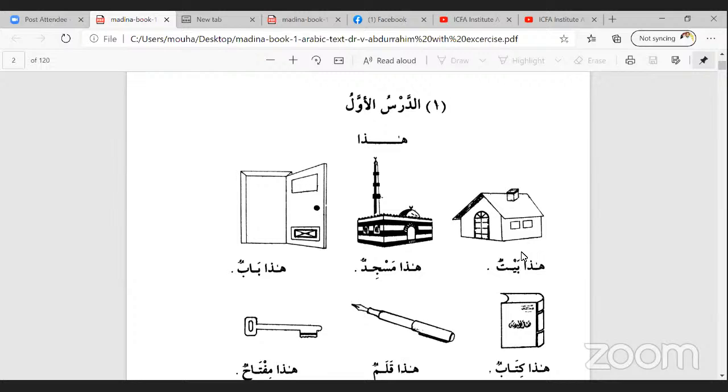There are 3 types of words in Arabic: al-ismu, al-fi'lu, and al-harfu. Al-ismu, known in English as noun. Al-fi'lu, known in English as verb.